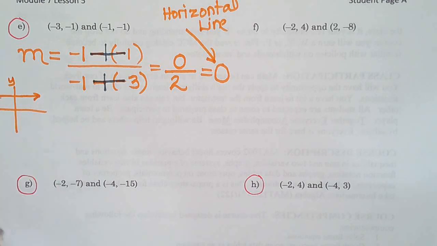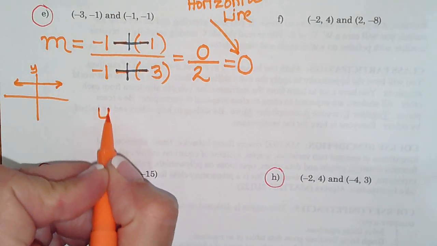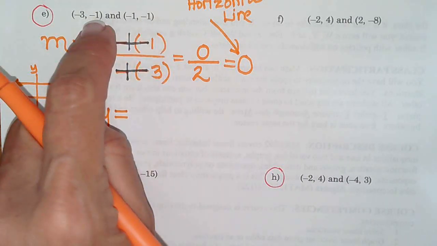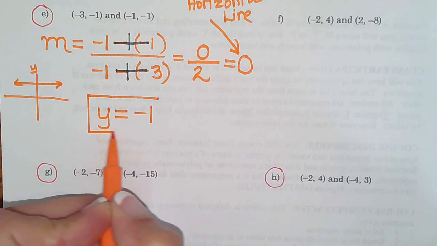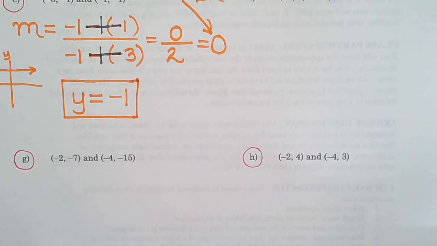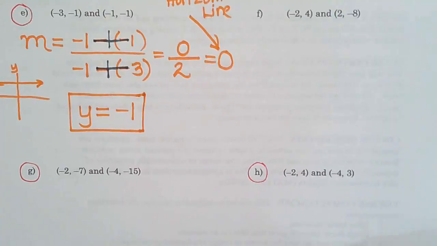So if they only go through the y-axis, we write y equals, we go up here and go, oh look, the y's are the same. And that's our answer. Could you have put it into the point slope form? Absolutely. Some students do because they don't realize it's a horizontal line.